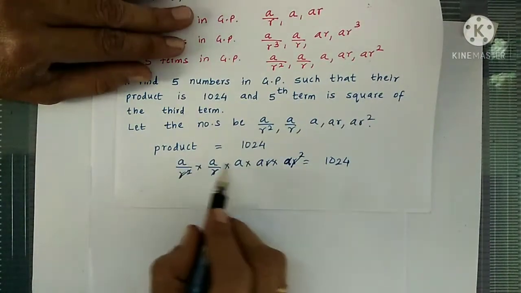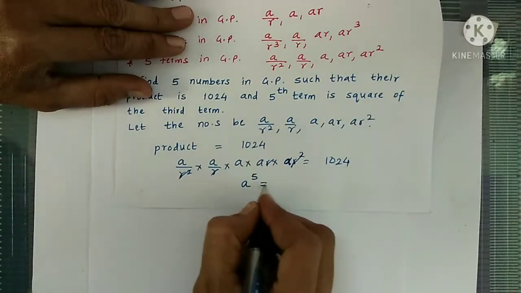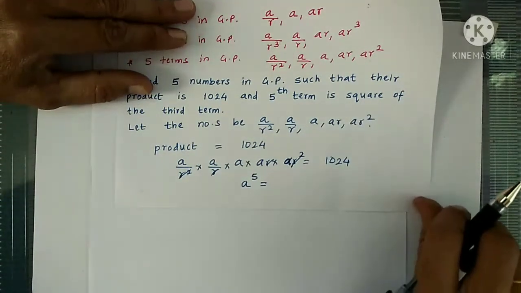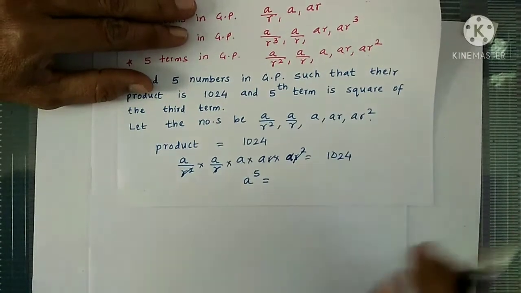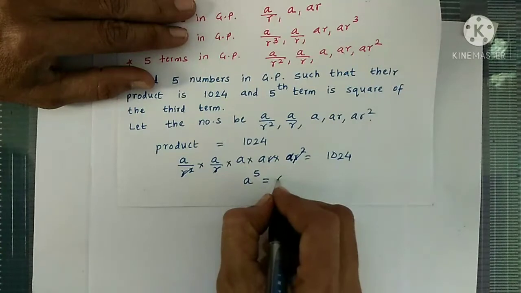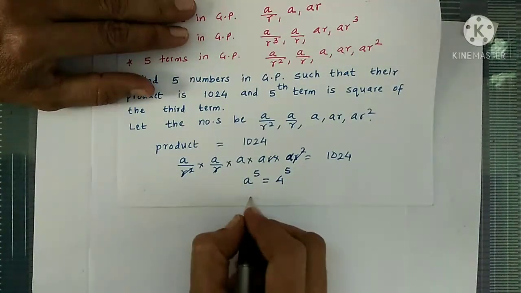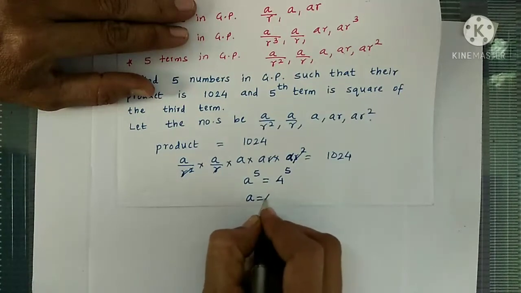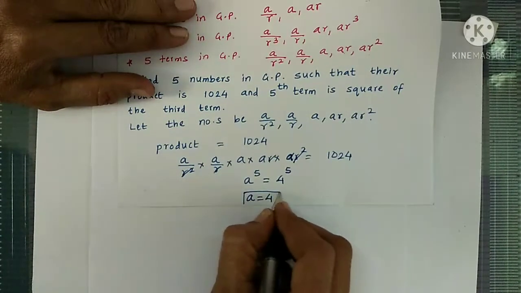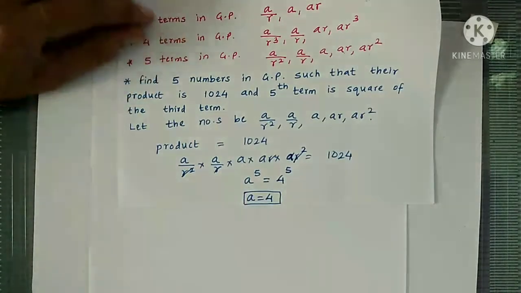So we have 5 times A, so that becomes A raised to 5. Now we want to find a number for which if the index is 5, we should get the value 1024, and it is 4. 4 raised to 5 is 1024. So the value of A is 4. As we have an odd power of A, we get only one value of A here.